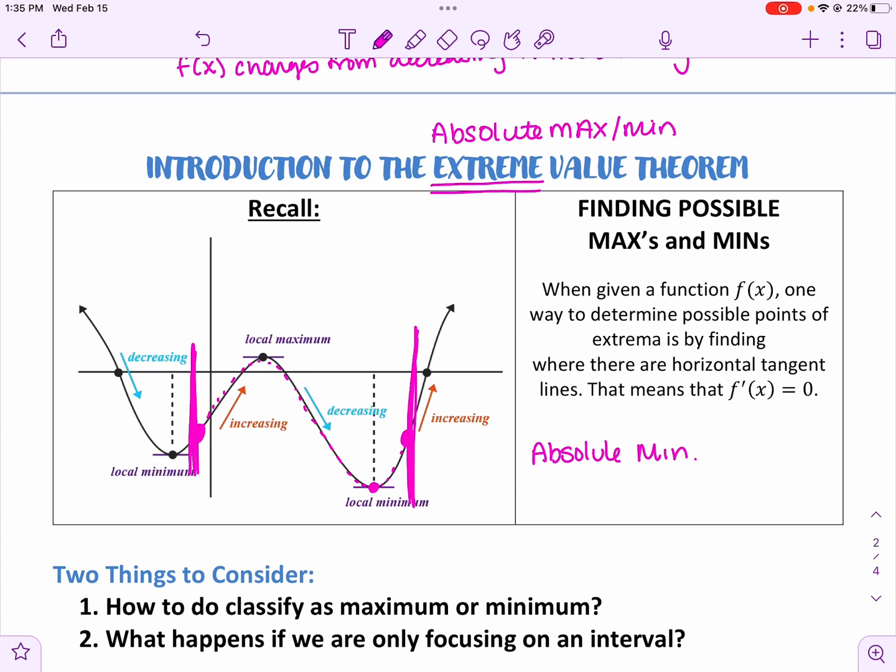So the question is, where is the lowest y value? Well, the lowest y value happens right there.